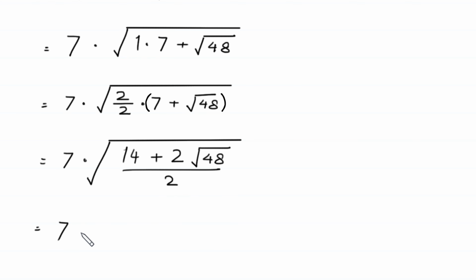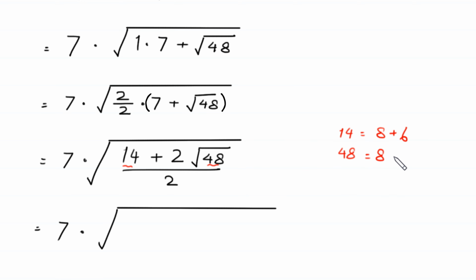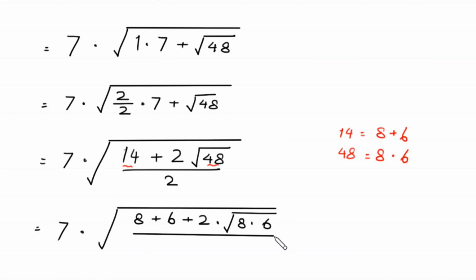Next, 7 times square root of, now this 14 is equal to 8 plus 6, and this 48 is equal to 8 times 6. So we replace this 14 with 8 plus 6: 8 plus 6 plus 2 times square root of, we write this 48 as 8 times 6, divided by this 2.